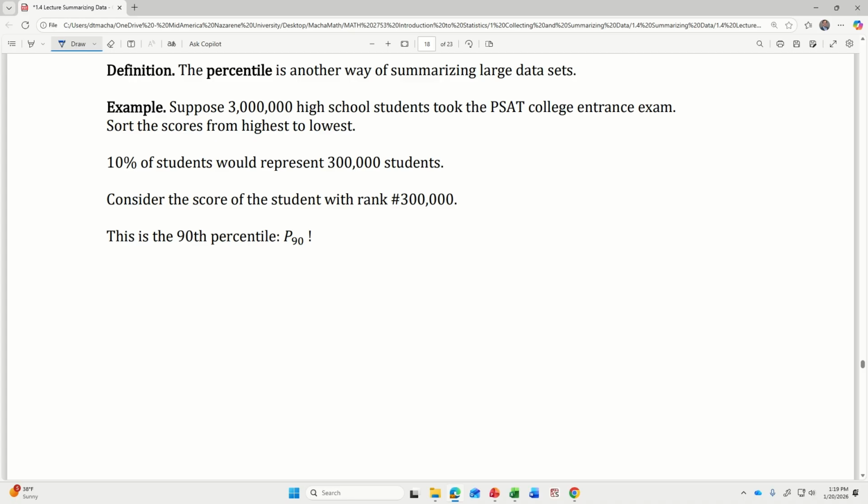And so if I were to find the student who is ranked number 300,000, that student's PSAT score is the 90th percentile. So big score means big percentile. If you are the 99th percentile, you have almost the top score. Okay?